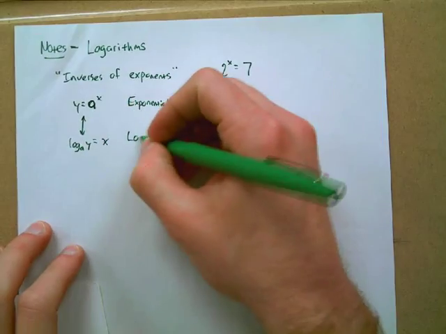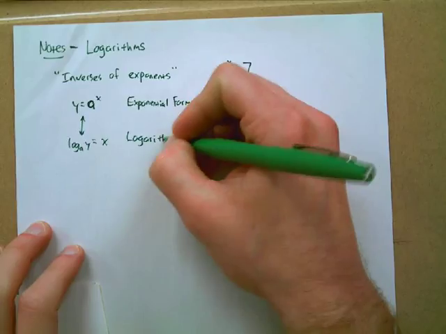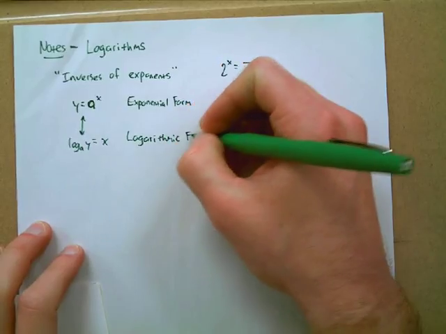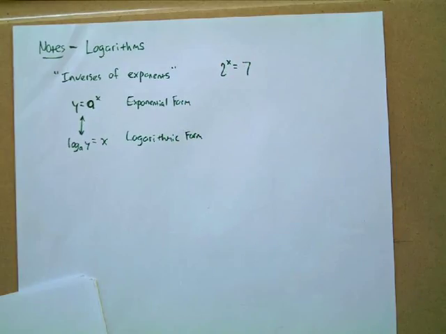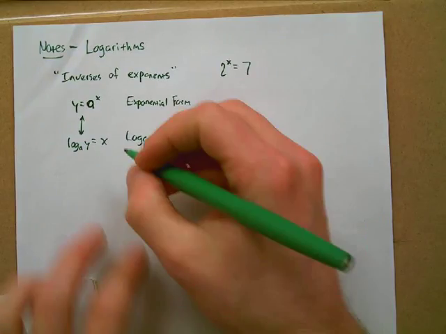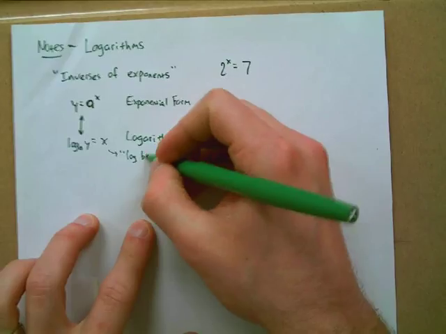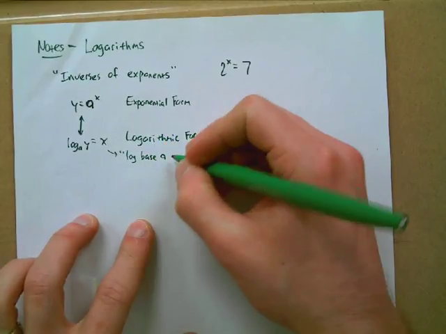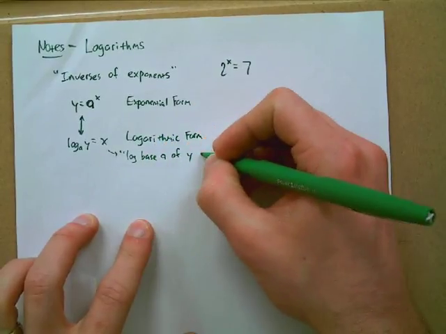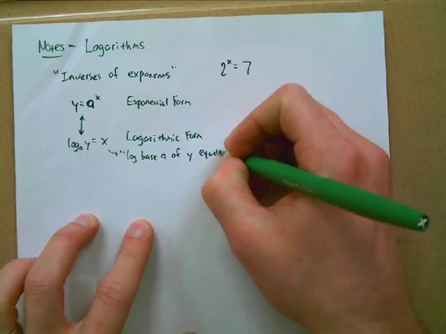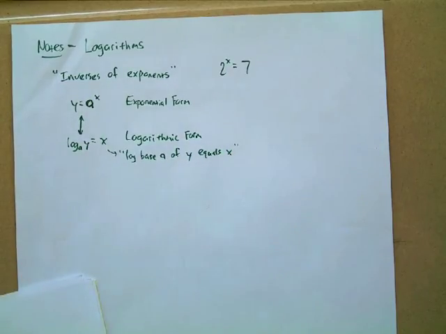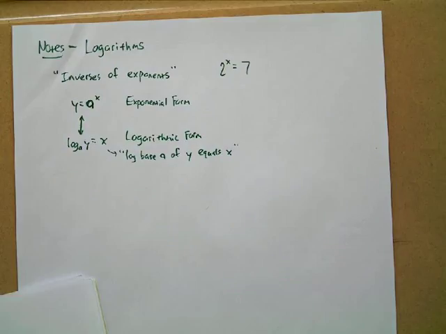And we call that logarithmic form. And of course we read this as log base a of y equals x. That's how we read that too. You guys already knew that, but I'm going to say it anyway.